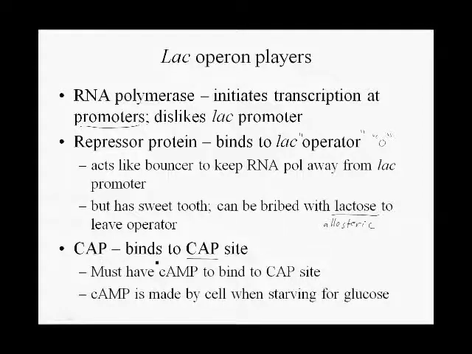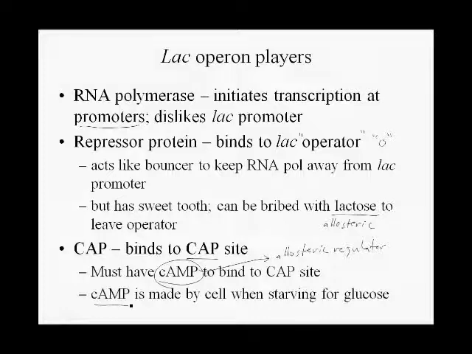Now, in order for CAP to bind to the CAP site, the CAP protein must itself first bind cyclic AMP. So cyclic AMP is another allosteric regulator of the CAP protein. So both the repressor protein and CAP have their own allosteric regulator. The allosteric regulator for the CAP protein is cyclic AMP.